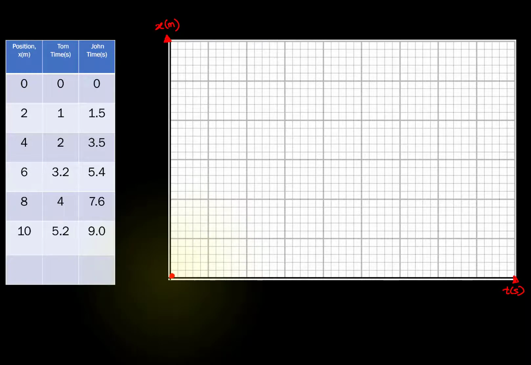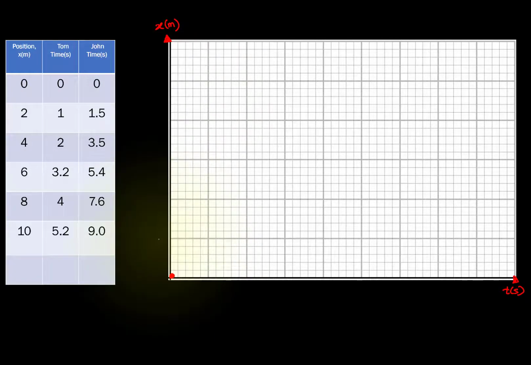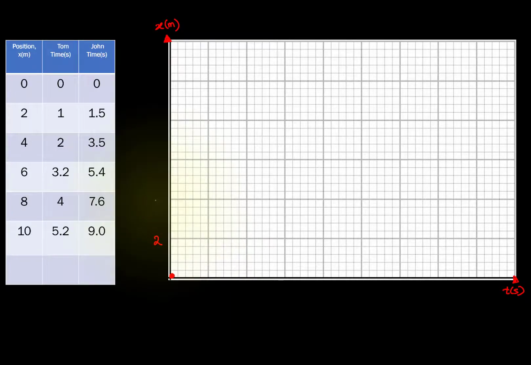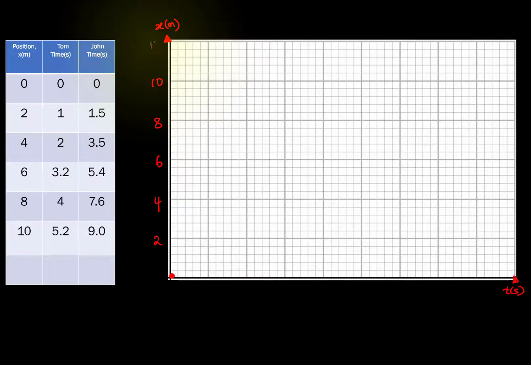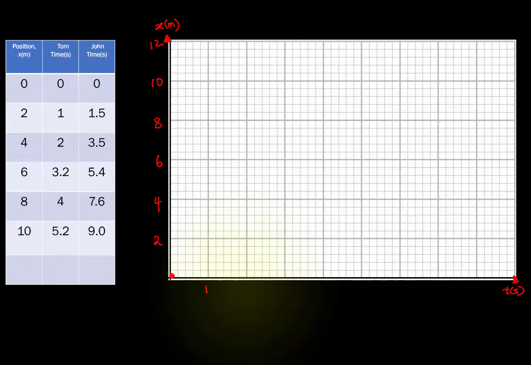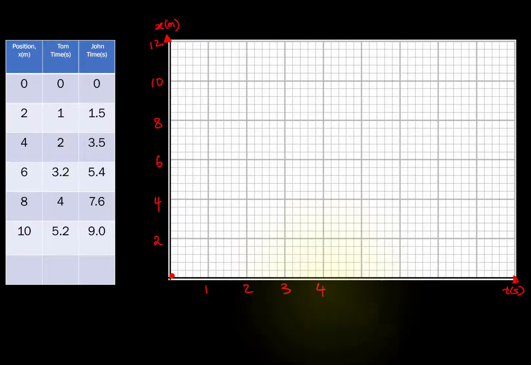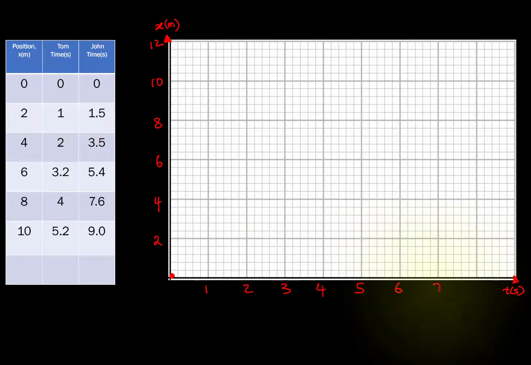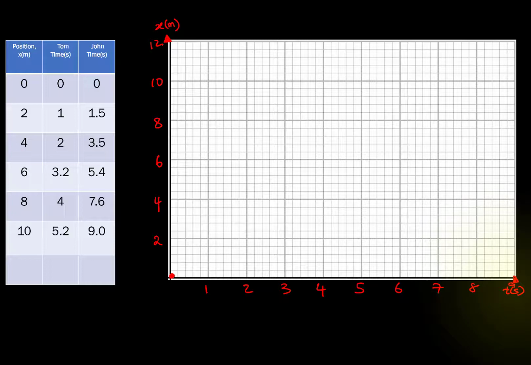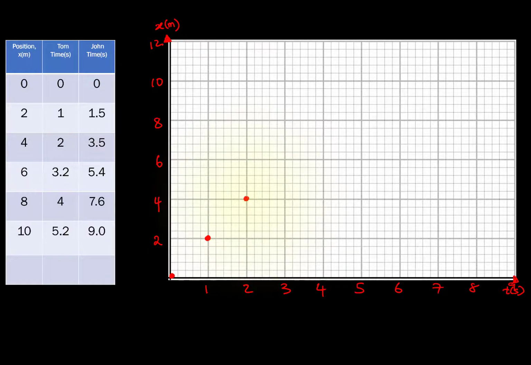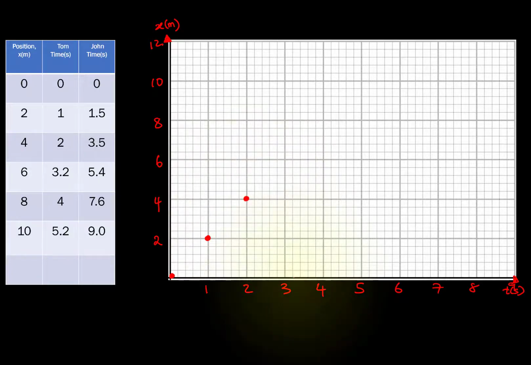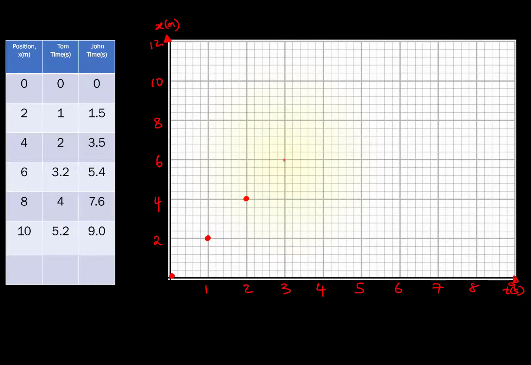This is 0. This will be 2, 4, 6, 8, 10, 12. This will be 1, 2, 3, 4, 5, 6, 7, 8, 9. At t equal to 1, this is 2. At t equal to 2, let's add 4. At t equal to 3, we are at 6.